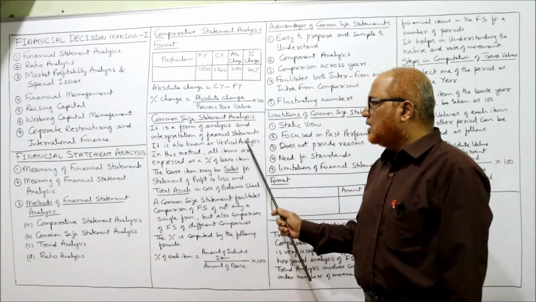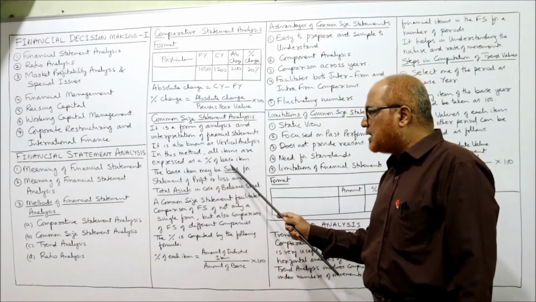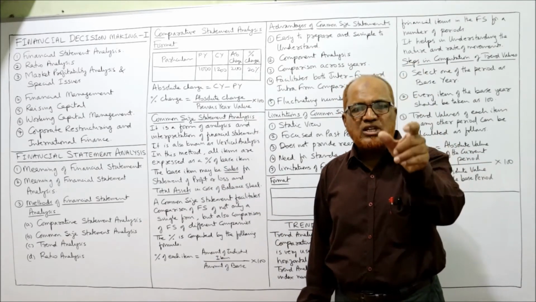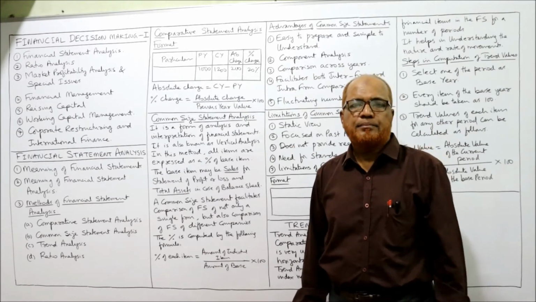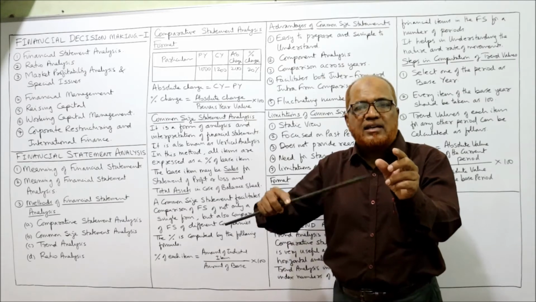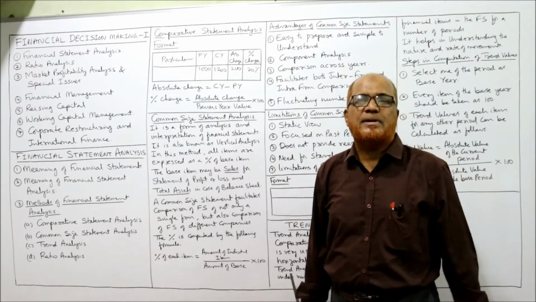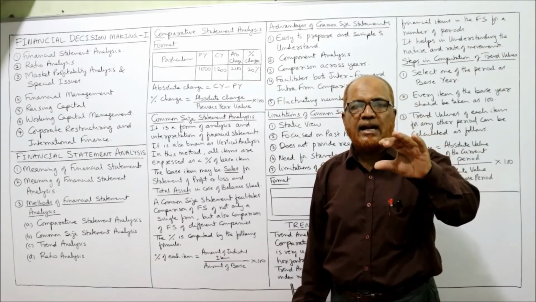Vertical analysis. Then in this method, all the items are expressed as a percentage of base item. First of all, in the financial statements, you have to select a base item. A base item. And we express all other items as the percentage of base. So simply we are condensing the data.